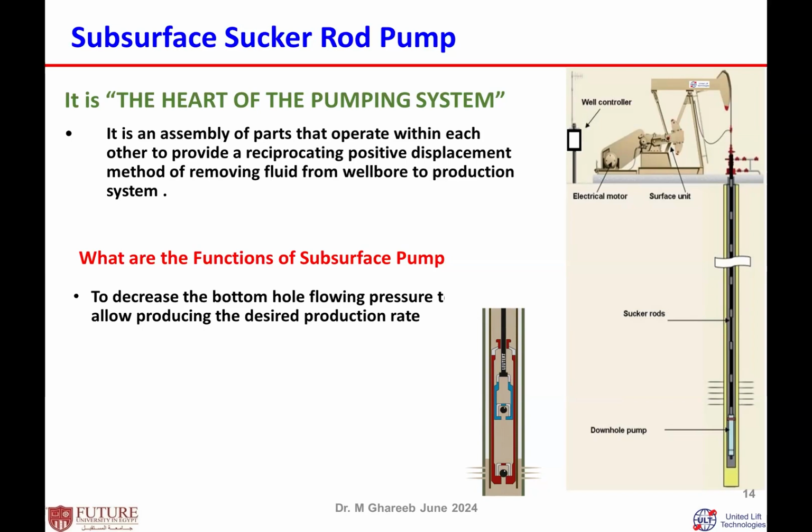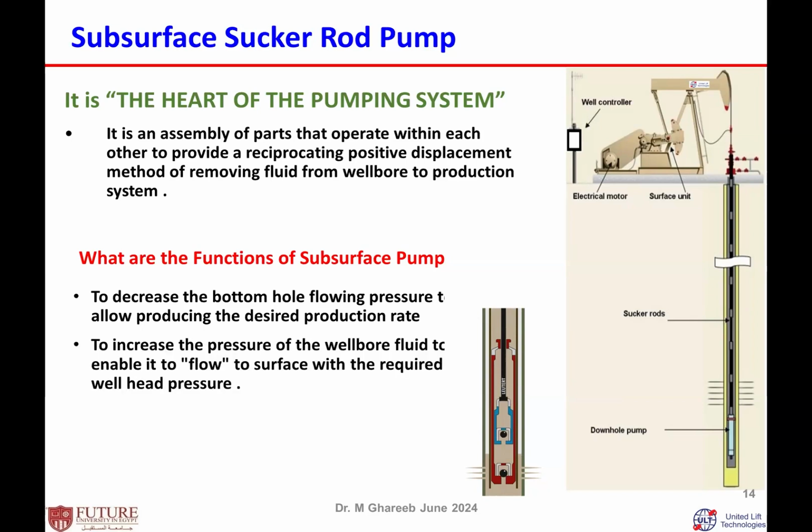Then the second function of the pump is to increase this pressure again to lift the fluid to the surface and overcome the pressure losses. So the pump makes two functions, mainly creating two artificial pressures.